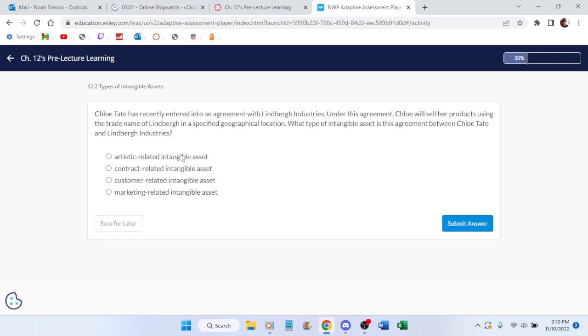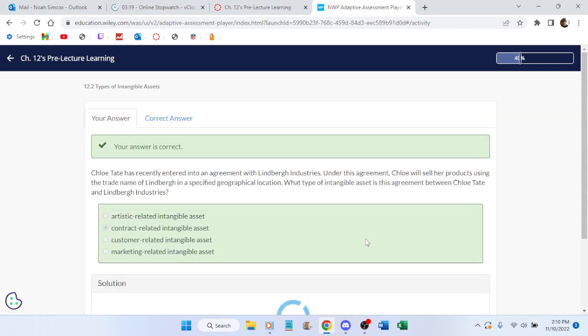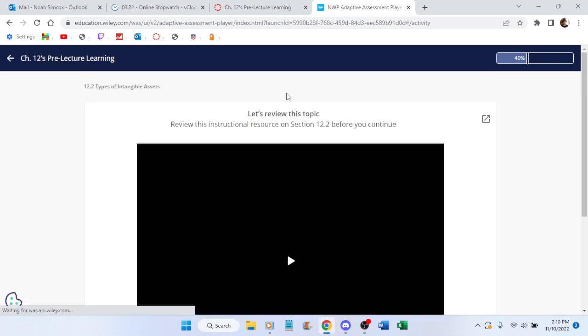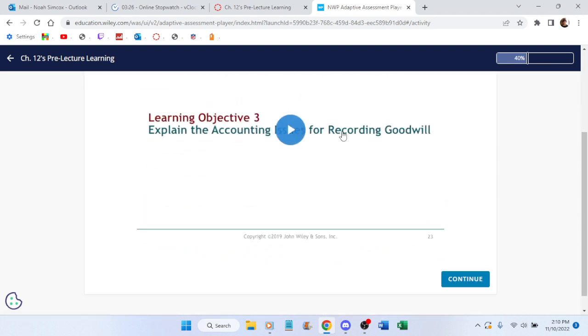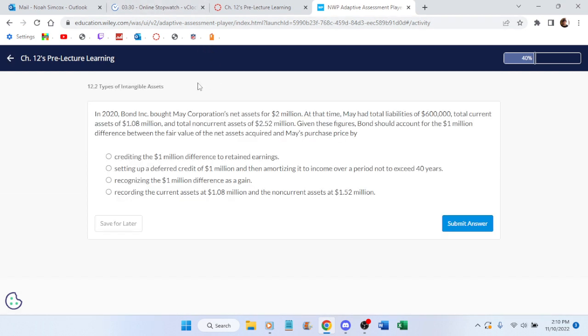That would be a franchise. Oh, come on. Okay, this is marketing related. No, this is a contract. I forgot what they classified it as. It's got to be a contract. I just memorized the fact that that's a franchise. I didn't memorize whether it's a marketing or a contract or whatever.